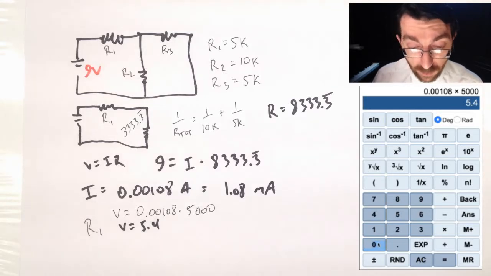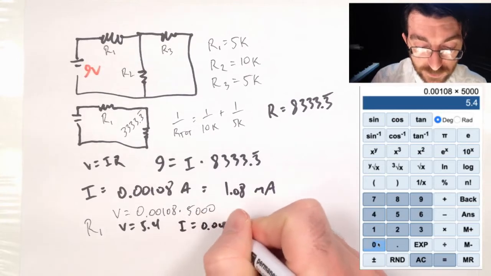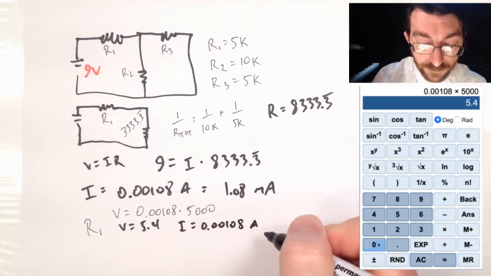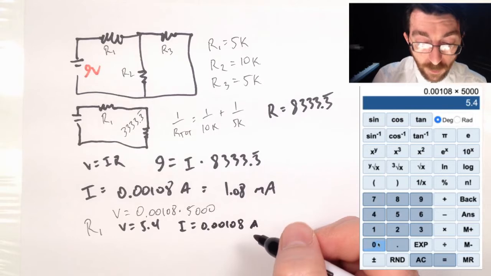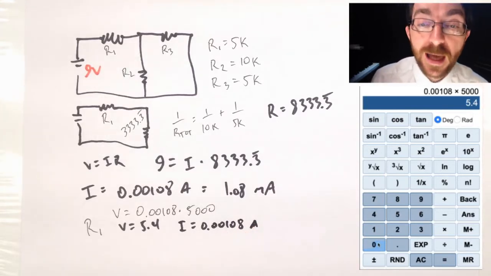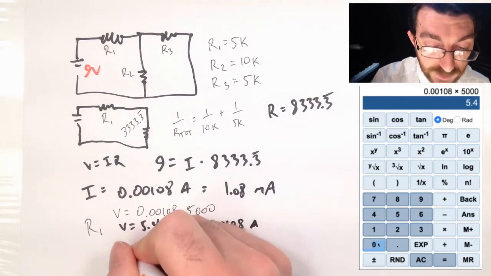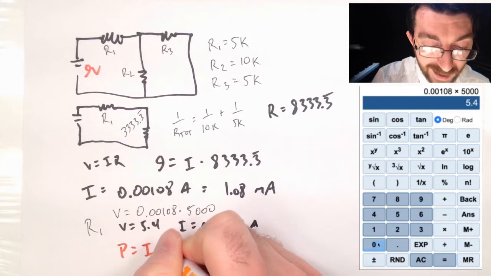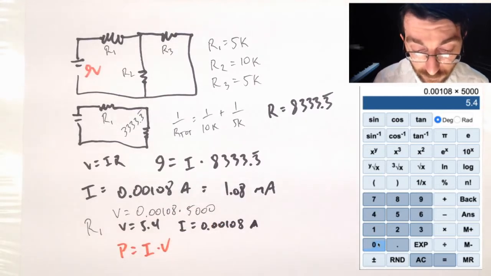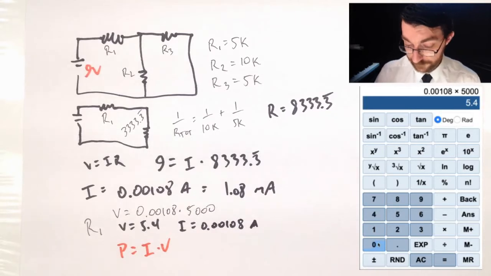Let me actually write that current. We know the current. It's 0.00108 amps. So what about the power? Well, the power consumed by resistor 1 is going to be I times V. So it's going to be 0.00108 times 5.4.